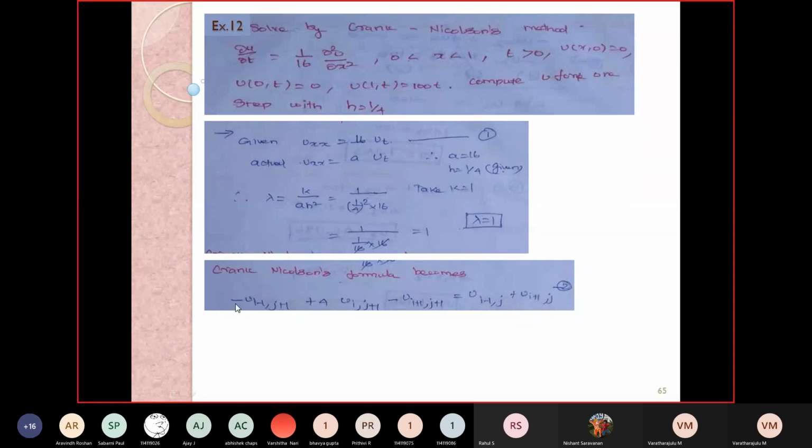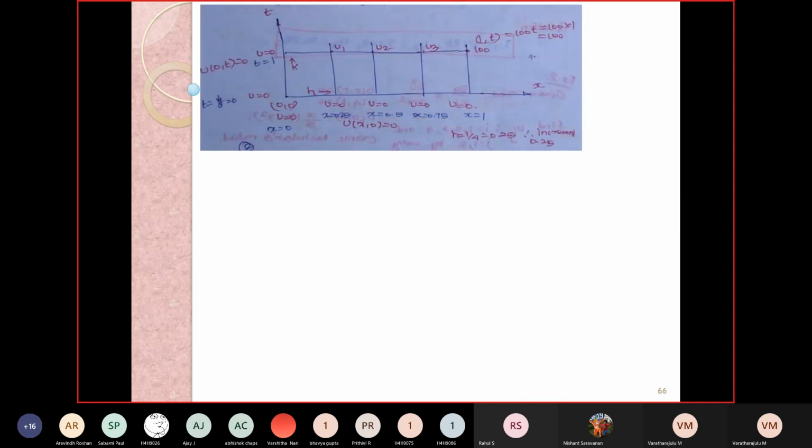Please remember it. This is the reformed Crank Nicolson formula, and this is the way we need to get the solution using the Crank Nicolson formula.